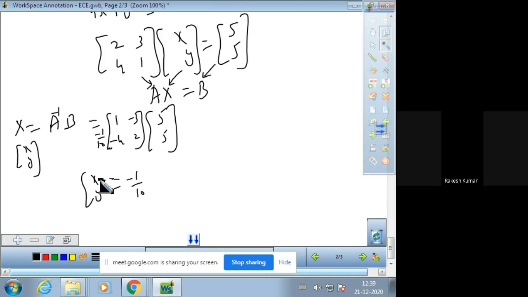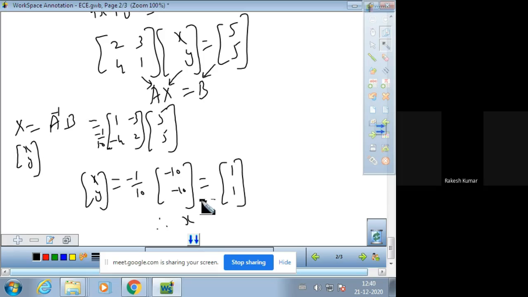This is the X, Y matrix. This comes out to be, you have to solve this, minus 10 and minus 10. So it can be taken inside and it will give you 1, 1. Therefore your first value x comes out to be 1 and y comes out to be 1 also.